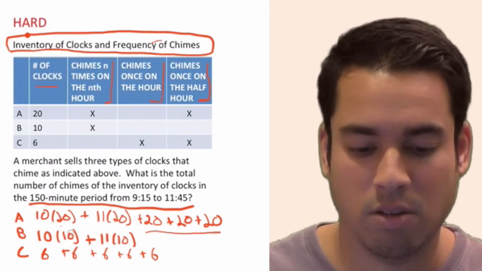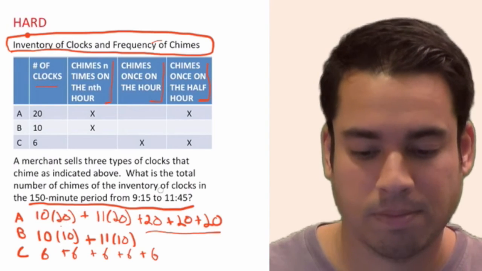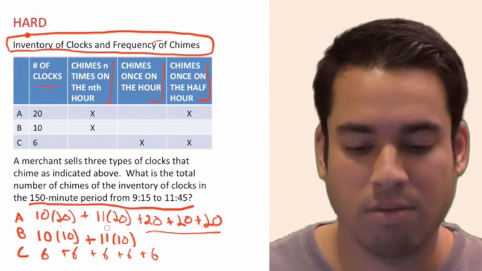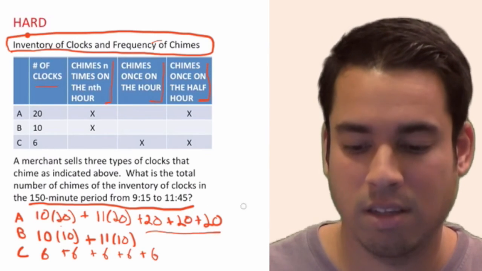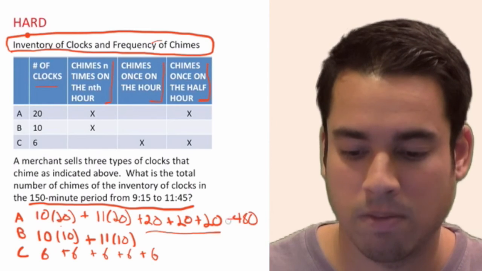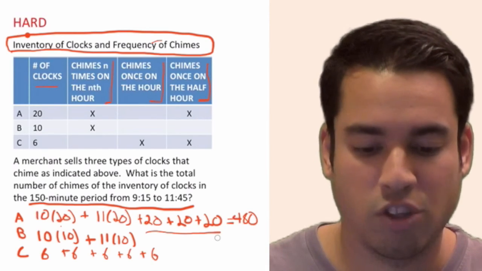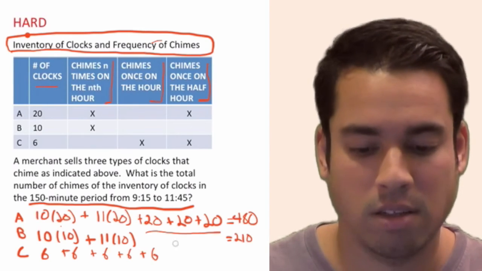I'm just going to do a little mental math here. We've got 200 plus, here we have 220, so that's 420. Plus 60 is 480 for A. Then for B, we just have 100 plus 110, which is 210, right?